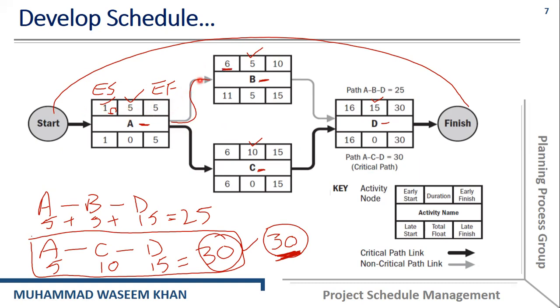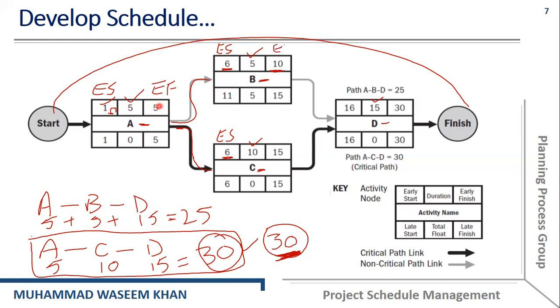Now activity B depends on activity A, and it will start on day 6 because activity A finishes on day 5. Activity C will also start on day 6 because both of these activities depend on the predecessor, which is activity A. There is a little difference between the projects that start with 0 and the projects that start with 1.